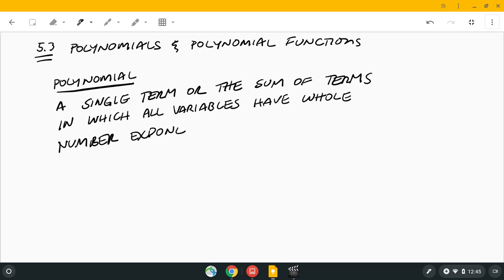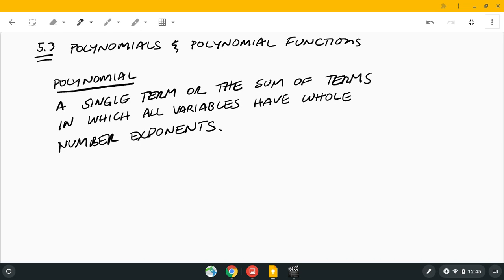Whole numbers also means no negatives. We just looked at negative exponents in the previous section. So polynomials don't have any negative exponents, no fraction exponents.